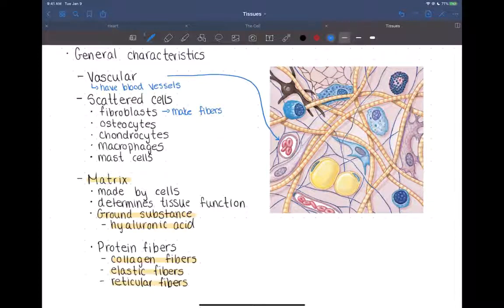Osteocytes are going to be bone cells, osteo meaning bone. And then chondrocytes, this is going to be for cartilage. Chondro refers to cartilage. And then we're going to have macrophages. Macrophages' jobs are going to be to phagocytize, to eat and remove debris.